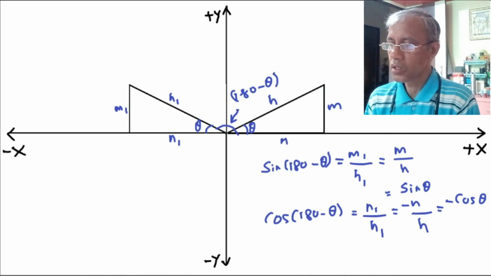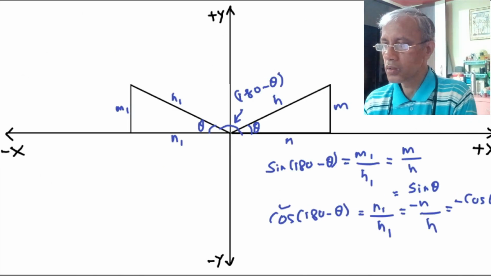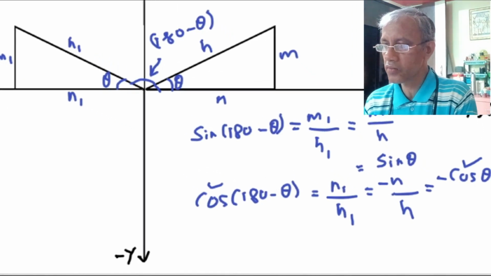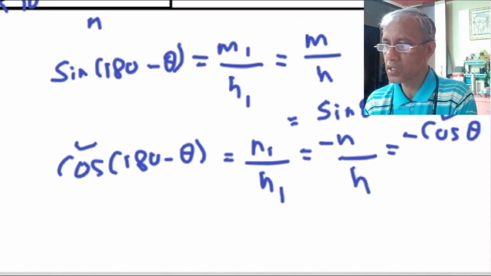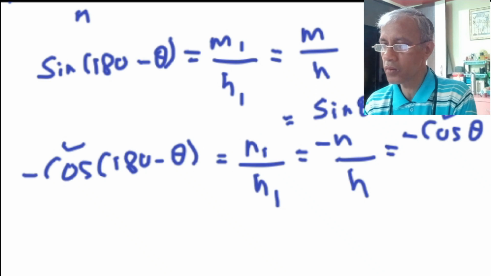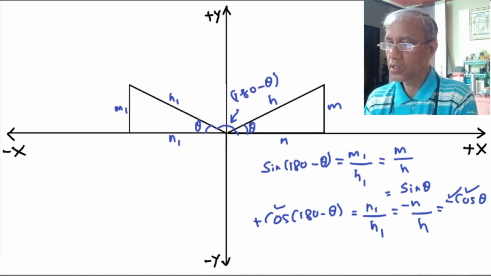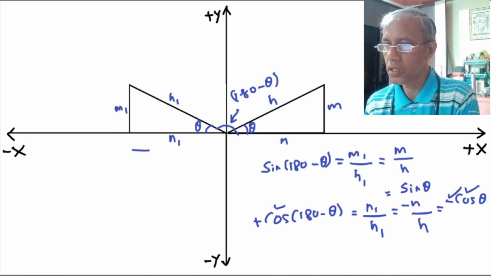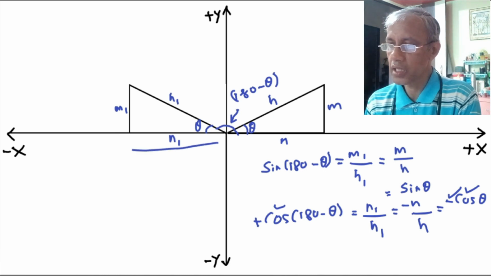So here cos function is retained as the cos function itself, but the polarity gets changed over. Here it is positive, but in this case it is negative, just because the base in the new case is along the negative side of the x-axis.